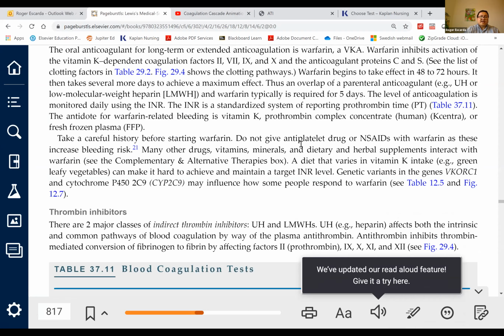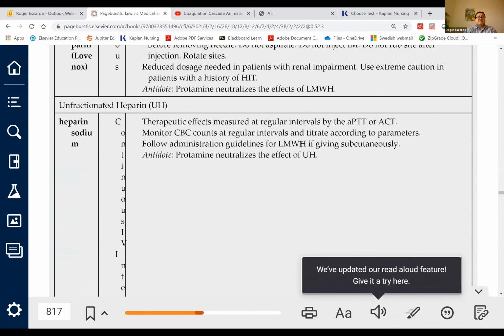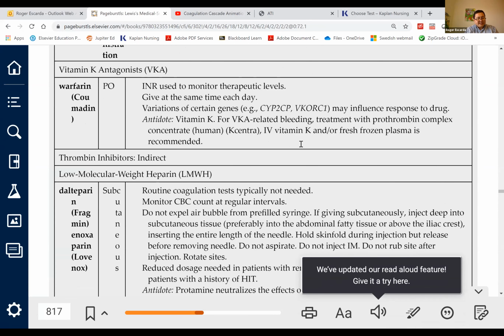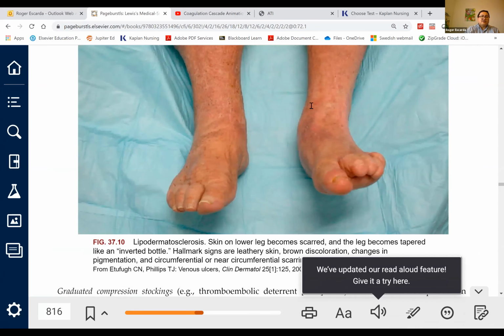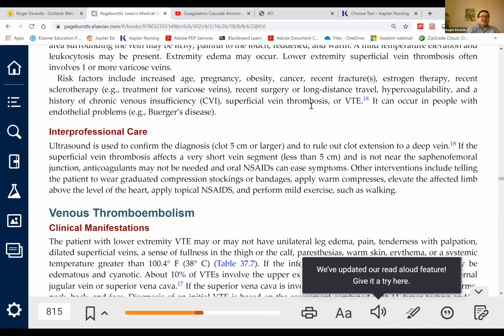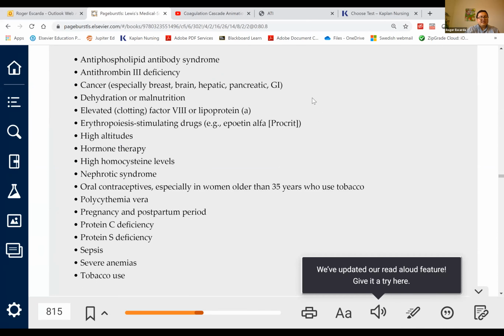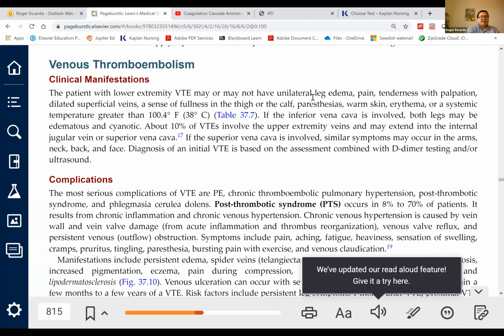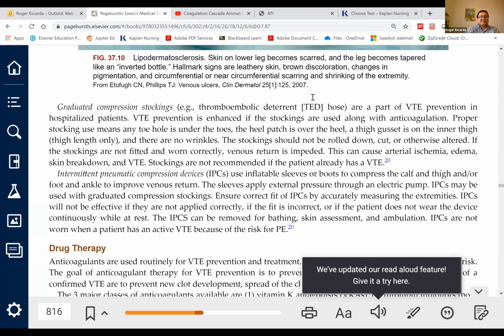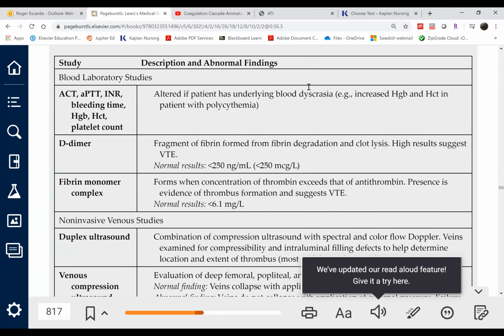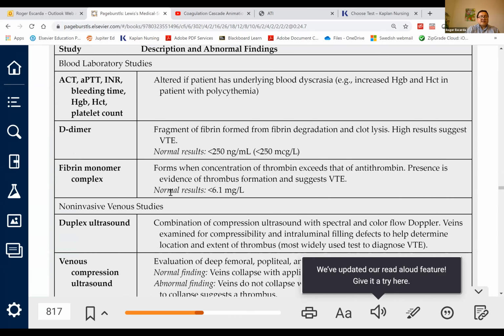So again, let's recap. So I have a DVT. You saw my signs and symptoms. Besides the ultrasound, what's another test to maybe see that I may have a DVT? Doppler. Besides the Doppler though.